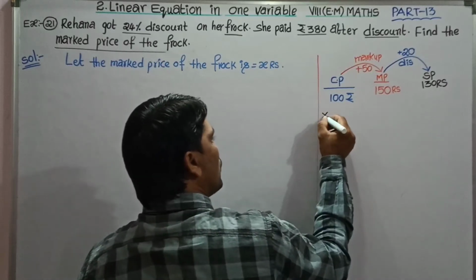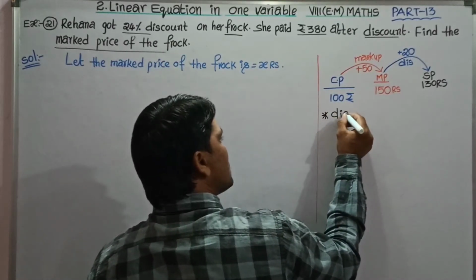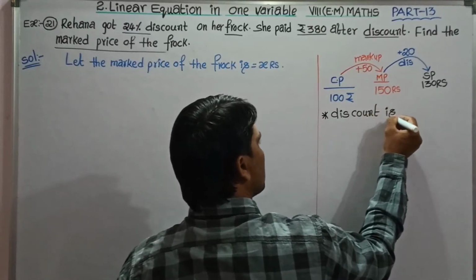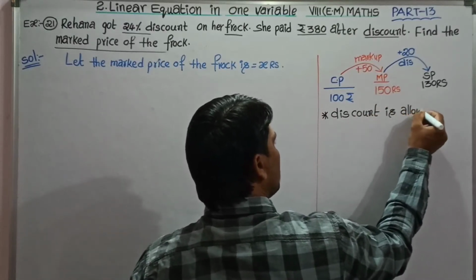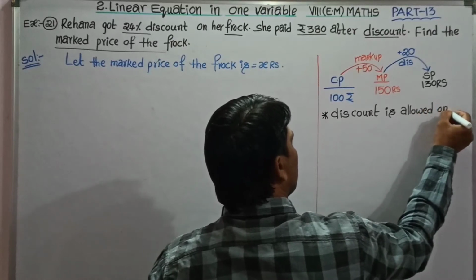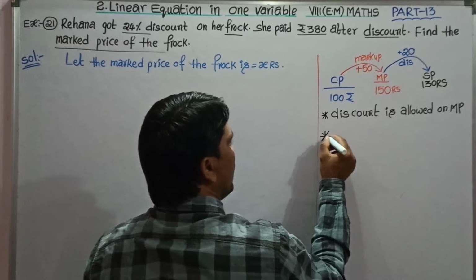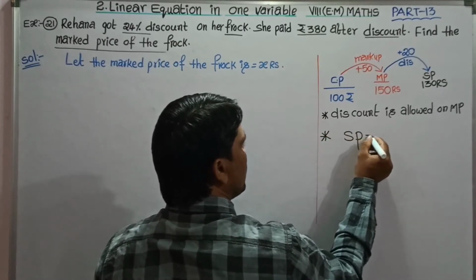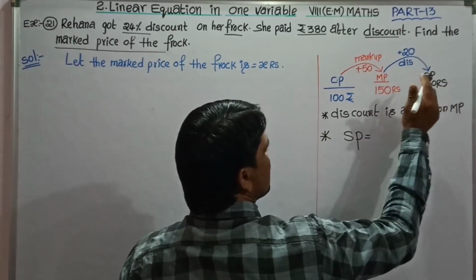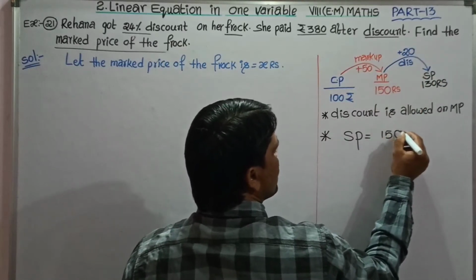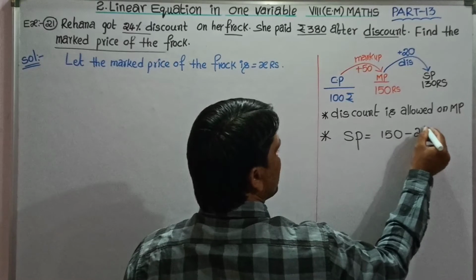Here we have a note that discount is allowed on market price, MP, and also SP is 130 rupees, that is 150 minus 20. SP of the shirt is 150 minus 20.